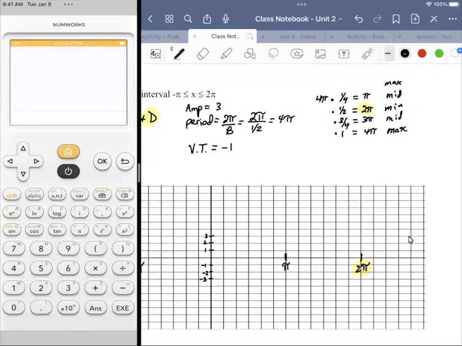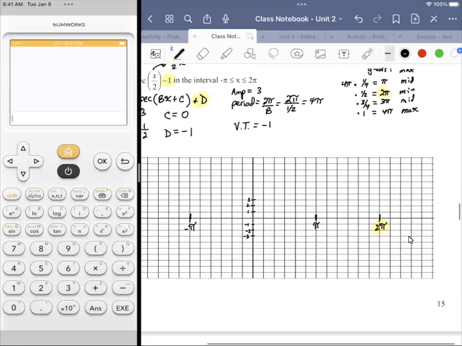All right, so technically, this maximum here would be what you get if you took 4 pi, multiplied it by 0, right? But I'm just going to say that this is going to be at the y-axis. So at the y-axis, I'm at my maximum. At pi, I'm at the midline, and at 2 pi, I'm at the minimum. So I can do a little dashed curve there.